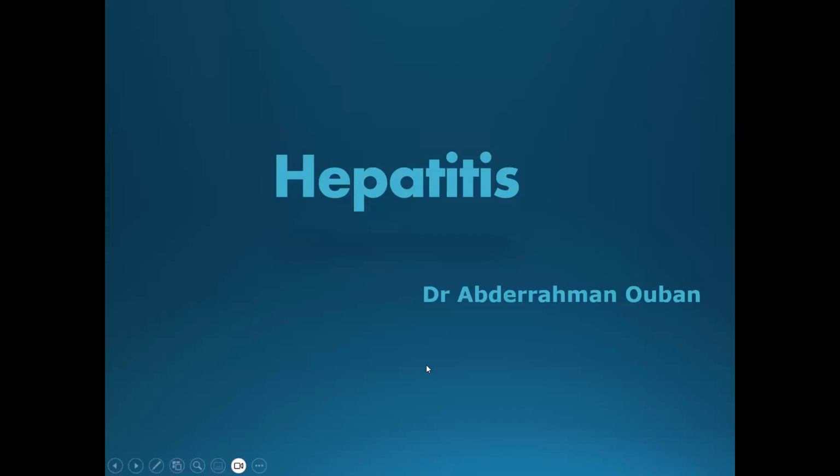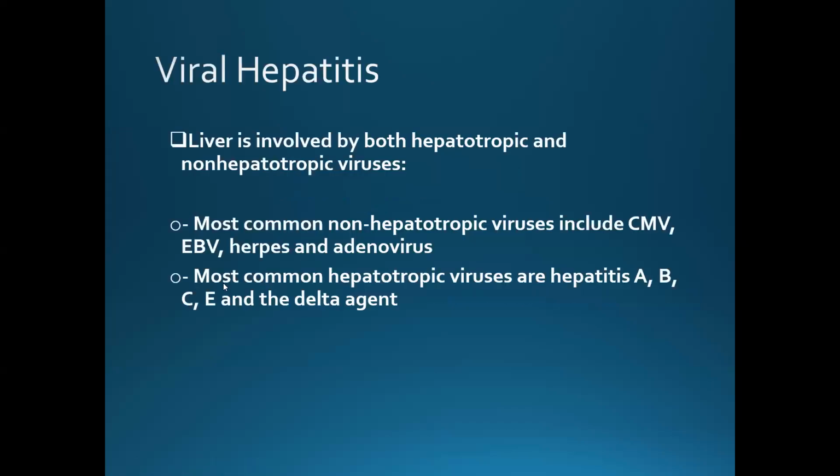All right, let's talk about hepatitis. The liver is usually involved by hepatotropic and non-hepatotropic viruses. What do we mean by this? Hepatotropic viruses are the viruses that focus on the liver. Usually they will have systemic effects through their action on the liver, but they do not infect anything else except the liver. Non-hepatotropic viruses are usually systemic viruses that may affect any system in the body, and the liver falls in the crosshairs.